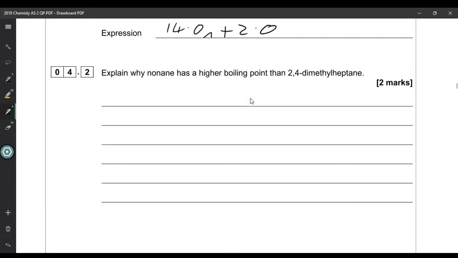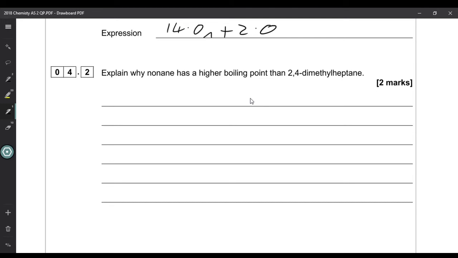Right, explain why nonane has a higher boiling point than 2,4-dimethylheptane. So where a few students went wrong here: this is all about when we boil a substance, it's all about breaking those intermolecular forces.